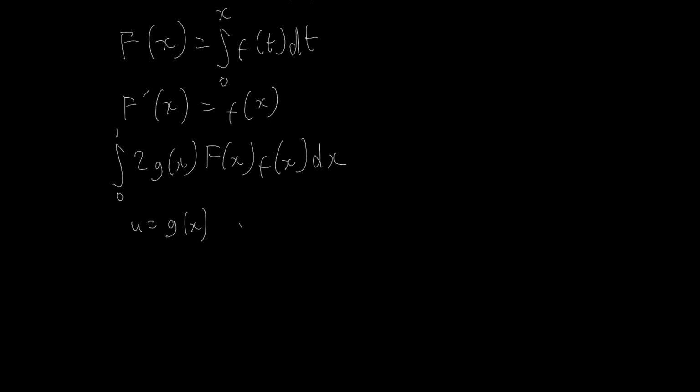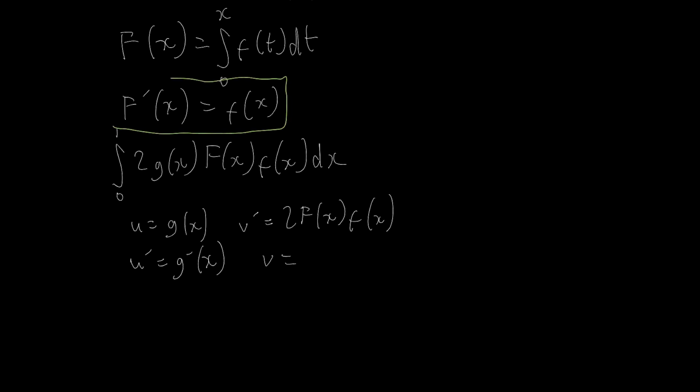So we say v' would be 2 big F(x) little f(x). Now we can work with this. We have u' is g'(x), and since the derivative of F(x) is f(x), you can use the reverse chain rule to integrate this into F(x) squared.